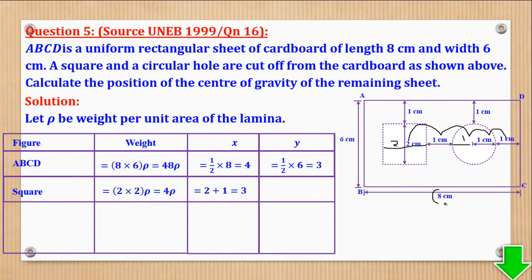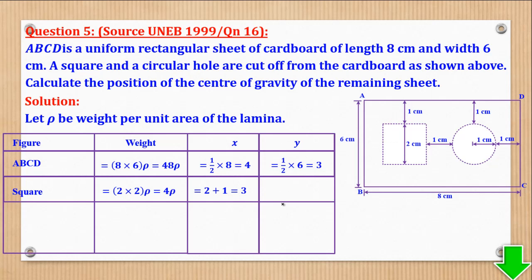But remember here there is 8. So if from here to here is 6 and from here to here is 8, it implies that this small part here is 2. Therefore this center of gravity here will now be 2 plus 1, which is 3.